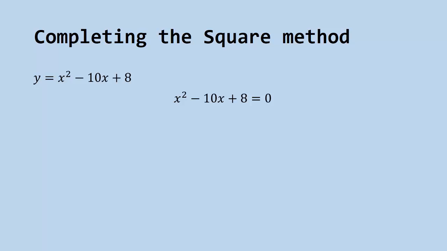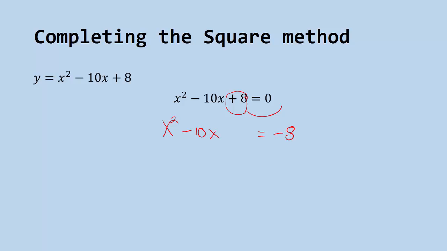Again, I've changed y to 0. I have x squared minus 10x plus 8 equal to 0. Now my x squared already has a 1 in front of it, so I can go ahead and get started with the method by moving the 8 to the other side. So now I have x squared minus 10x equal to negative 8.